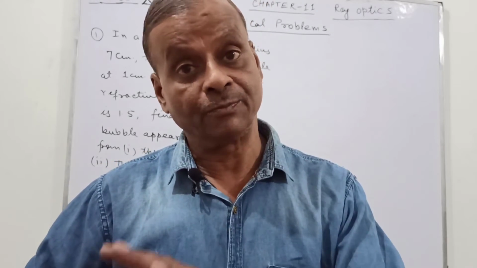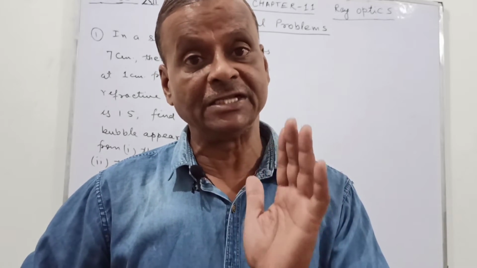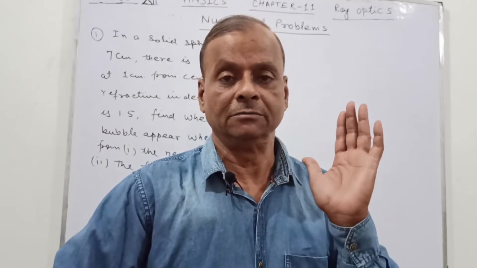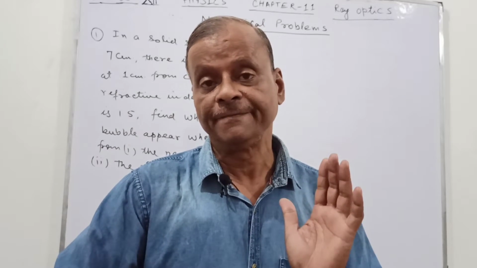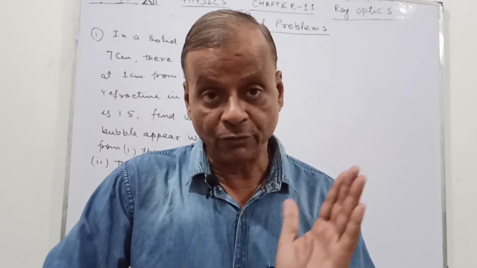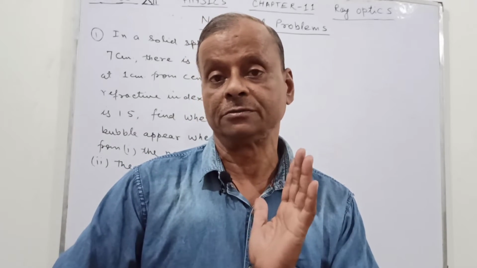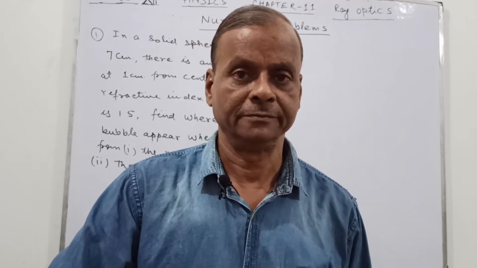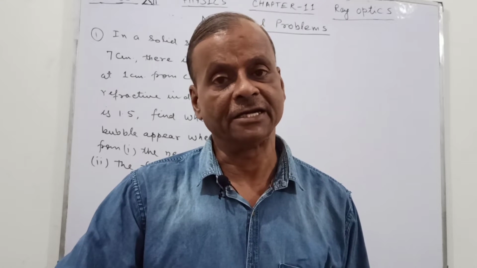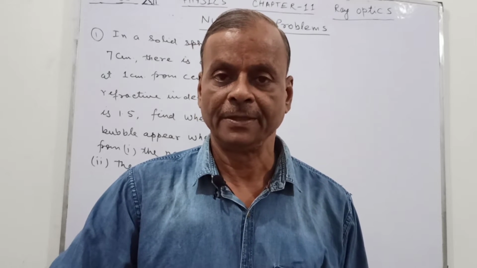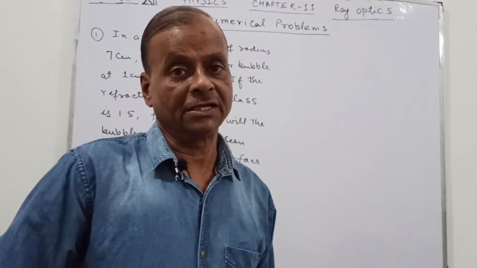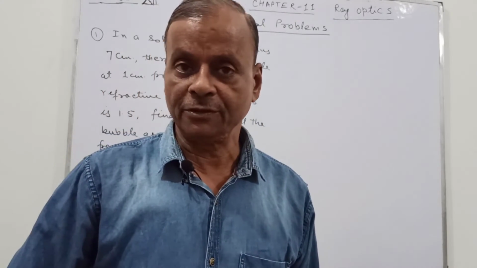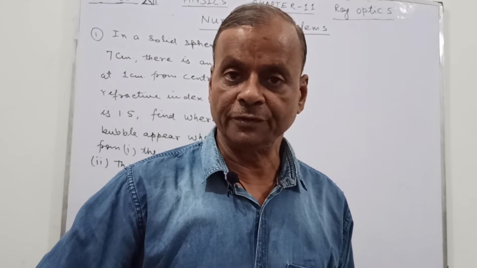So the formula that we have studied we will use, but the values of the terms will differ, and also the sign convention will differ. So now let us see where the bubble will appear when seen by the observer.